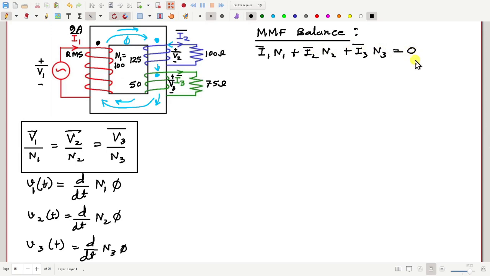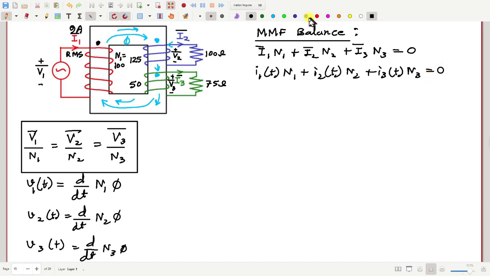Why is that so? If I write this equation in functional form, it means i1(t) N1 plus i2(t) N2 plus i3(t) N3 equal to 0. Why is that so?